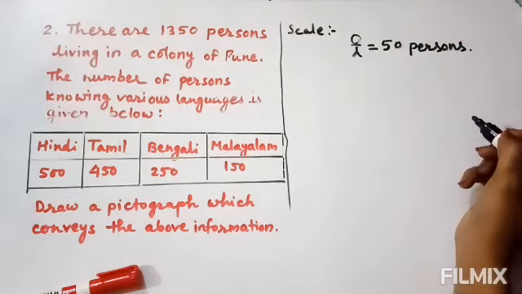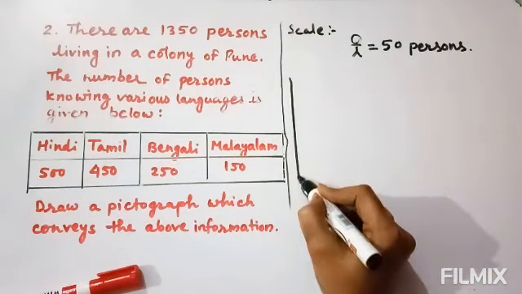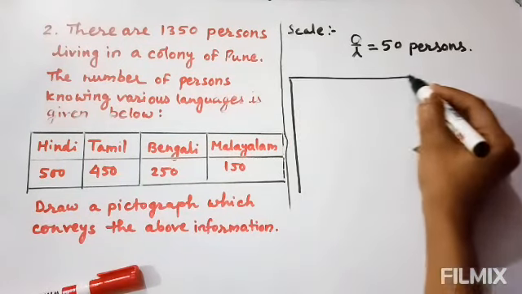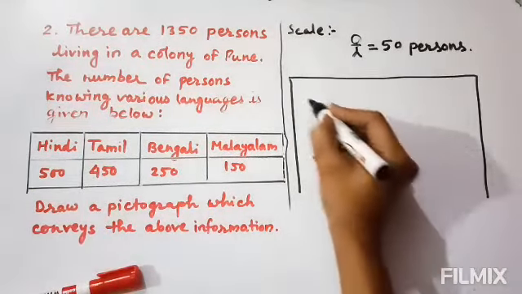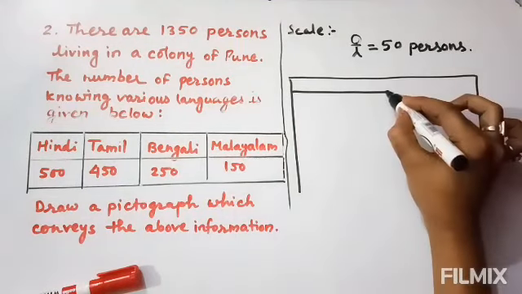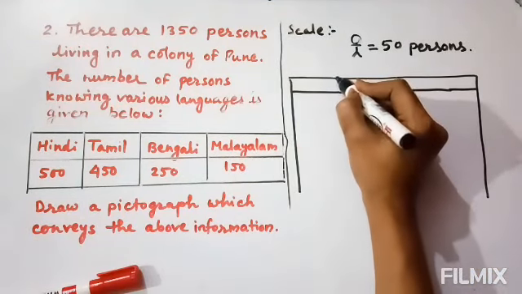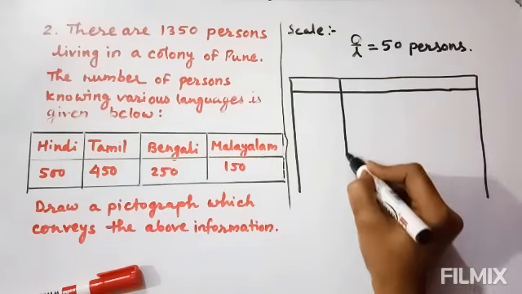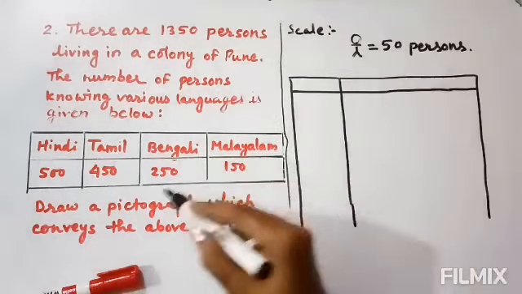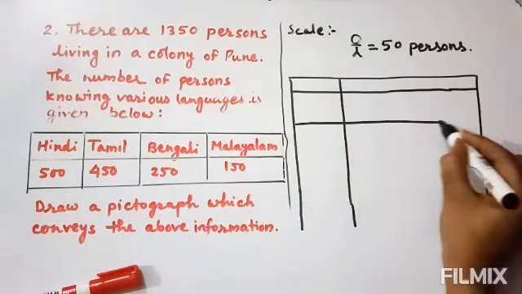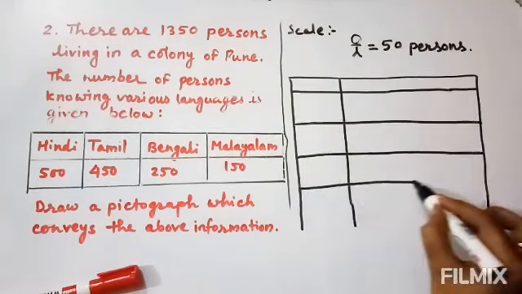Am I clear? Now we will make columns to represent the information given in the question. Serial number and language we will write on one side, and on the other side we will give information about the number of persons. We have 4 languages, so we will make 4 rows.